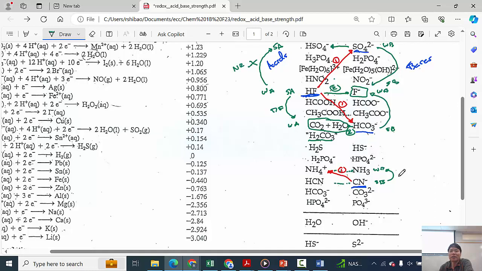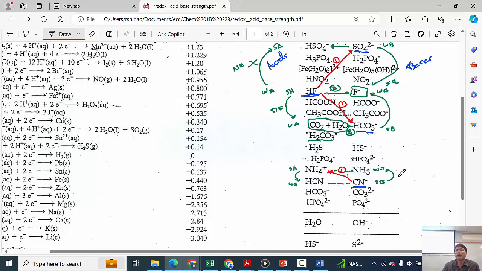We're going from ammonium to ammonia, and then cyanide to hydrocyanic acid. Hydrocyanic acid is weaker. And so likewise here, we're going from a stronger acid to a weaker acid, HCN.